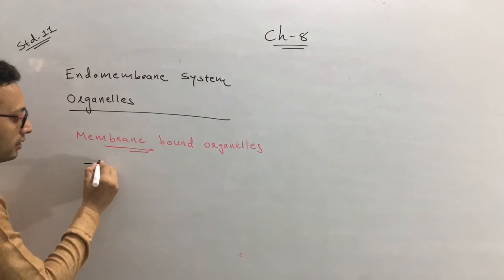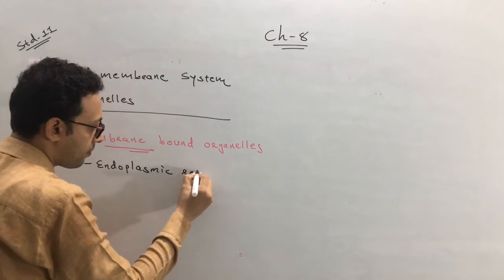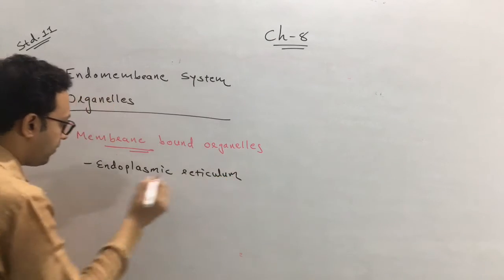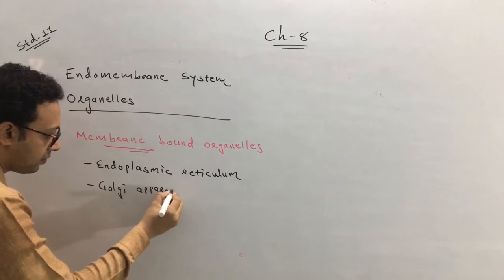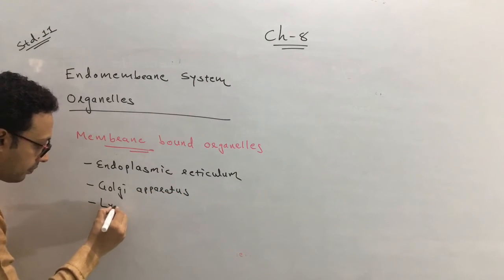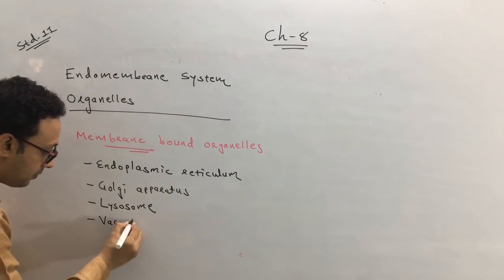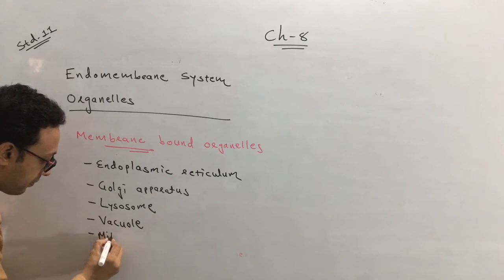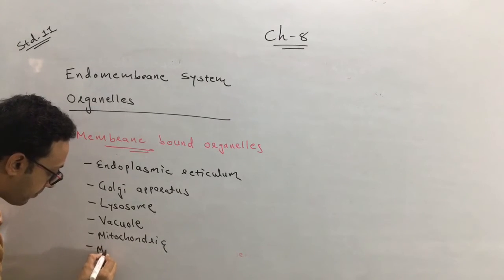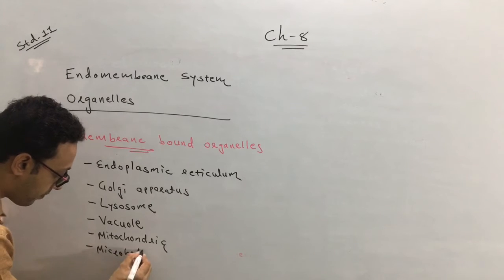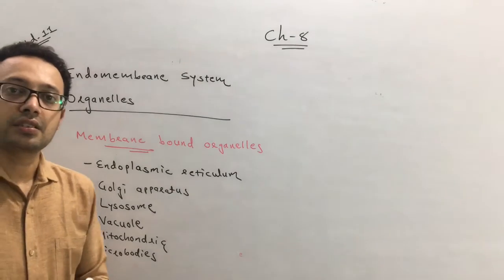In the membrane bound organelles, the first is endoplasmic reticulum, second is Golgi apparatus, third is lysosome, fourth is vacuole, next is mitochondria, next is microbodies, next chloroplast, peroxisome.